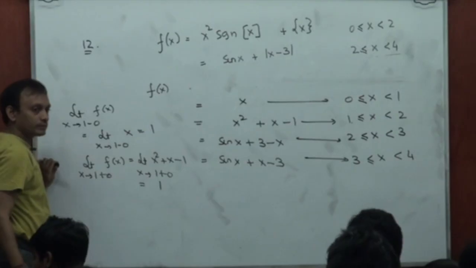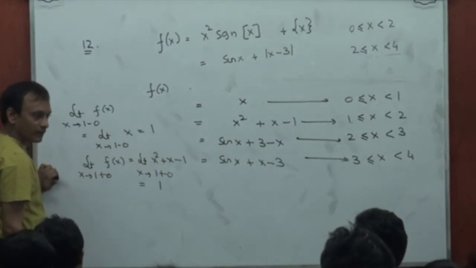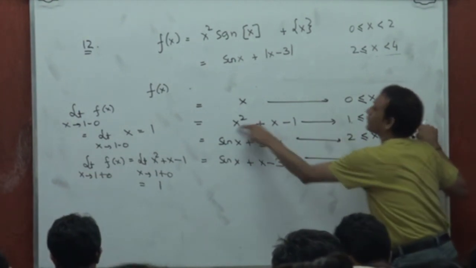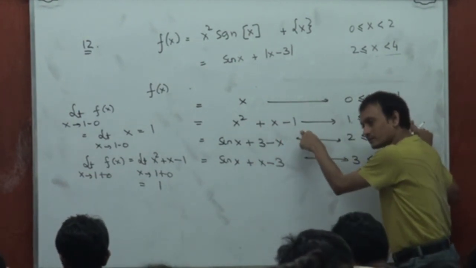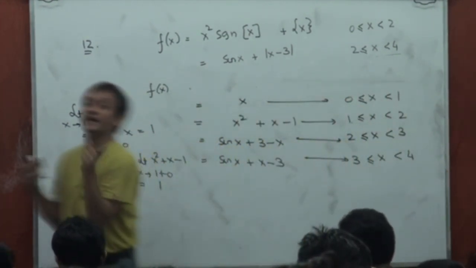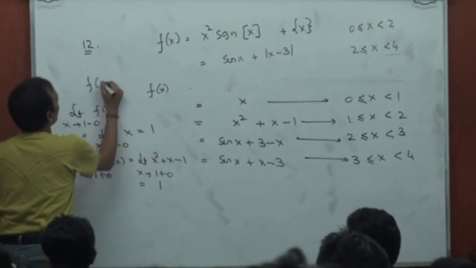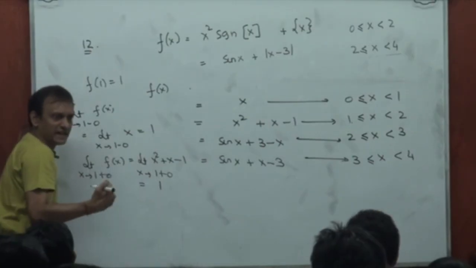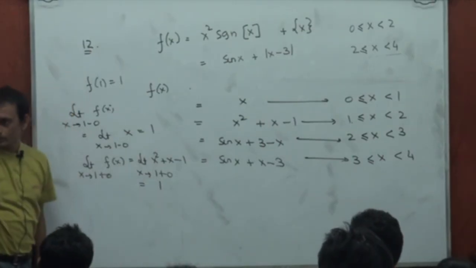So that's 1, right? The value of the function at x equal to 1 is 1 plus 1 minus 1, that's 1. So the function is continuous at x equal to 1, right? f 1 is 1. So the function is continuous at x equal to 1, yes or no?